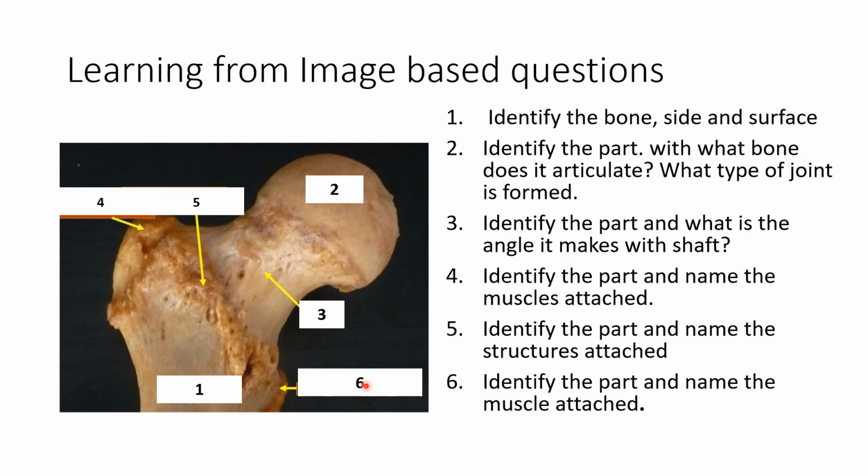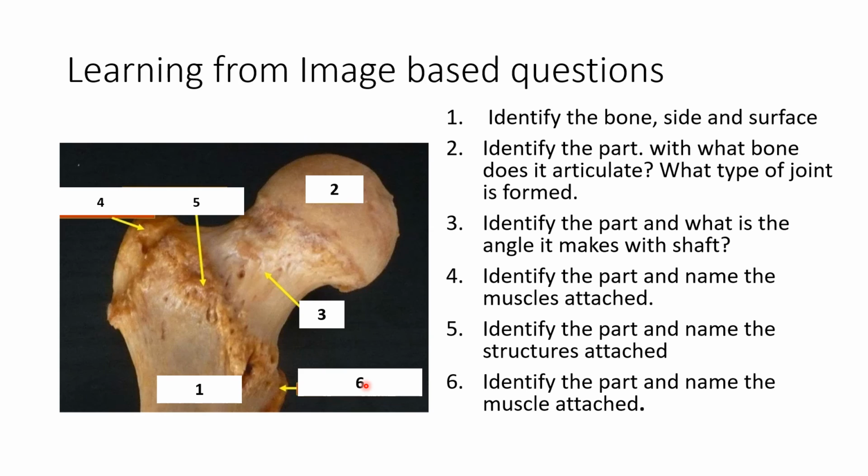And what are the muscles attached to the lesser trochanter? It gives attachment to the psoas major muscle and the iliacus muscle. Psoas major and iliacus muscles are attached to it.